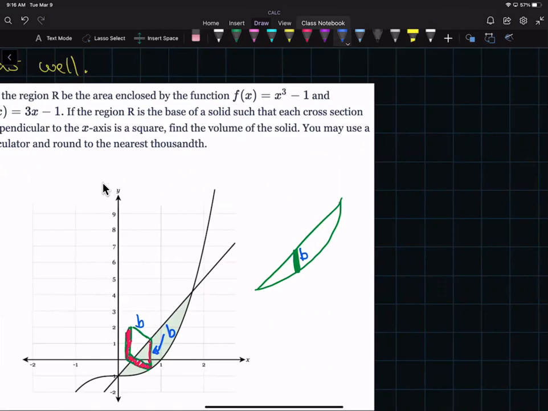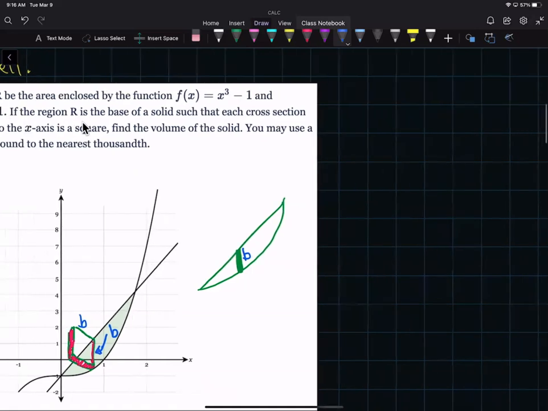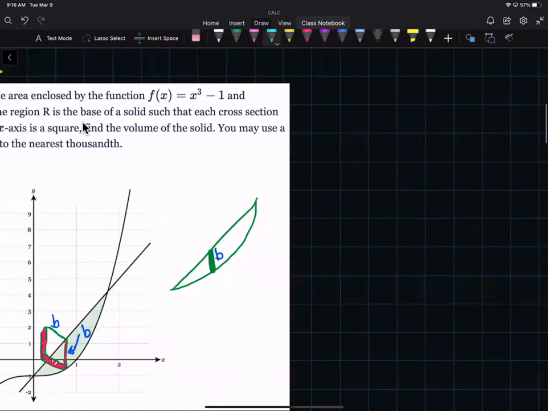So top f minus the bottom, right? So top or f minus g. So x cubed minus 1 minus 3x minus 1. Make sure, and I promise that a lot of you are still going to forget this, that you always go ahead and use parentheses when you subtract.